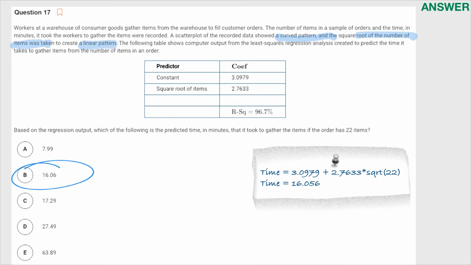So you're taking linear regression on not y versus x, but y versus the square root of x. Taking that output and turning it into an equation produces y-intercept, coefficient, and the square root of the input. Substituting in 22, because that's what they asked you about, 22 items, you get 16.056, or choice B.